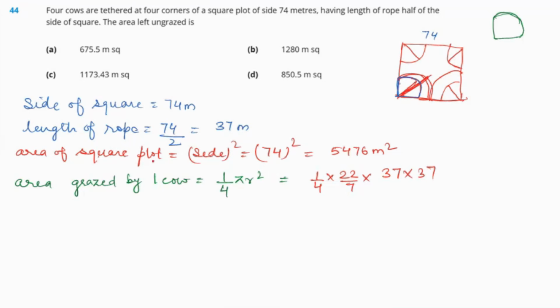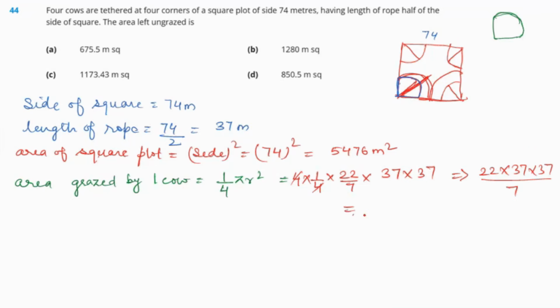Since we have 4 quadrants, we multiply by 4, so the 4 cancels out. We get 22 times 37 times 37 by 7.